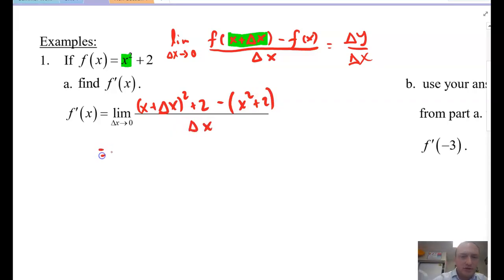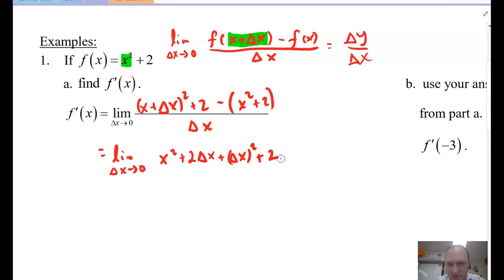So I have x squared plus 2, and again this is all over delta x. The next line is equal to the limit as delta x goes to 0. What I have to do is expand my numerator. If I multiply this out, we get x squared plus 2 delta x plus delta x squared plus 2 minus x squared minus 2.